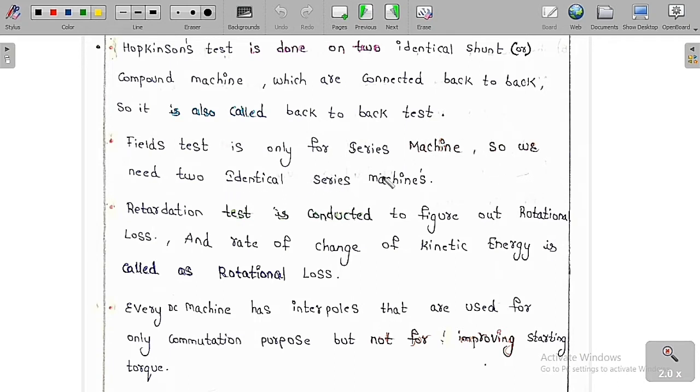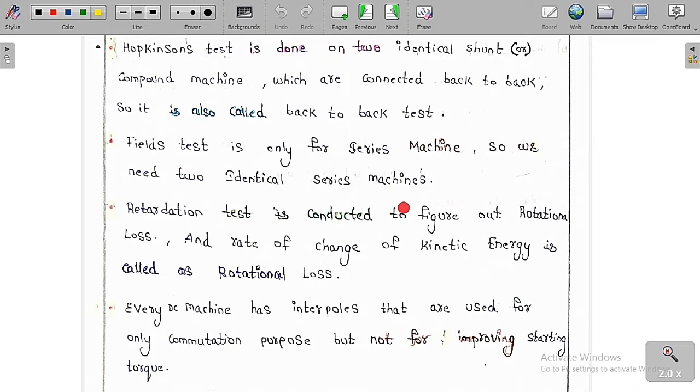Field's test is only for series machines, so we need two identical series machines.